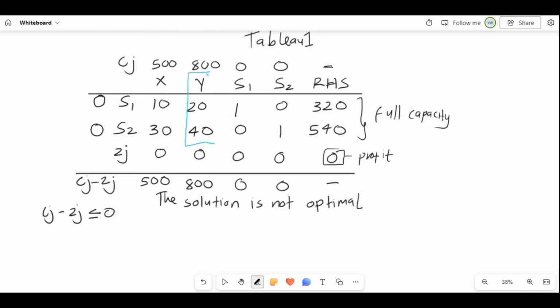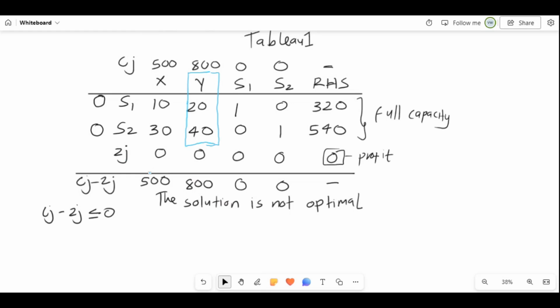You can see that when highlighting the pivot column, I'm only focusing on the constraints. I'm not including the Zj because this represents the final profit.